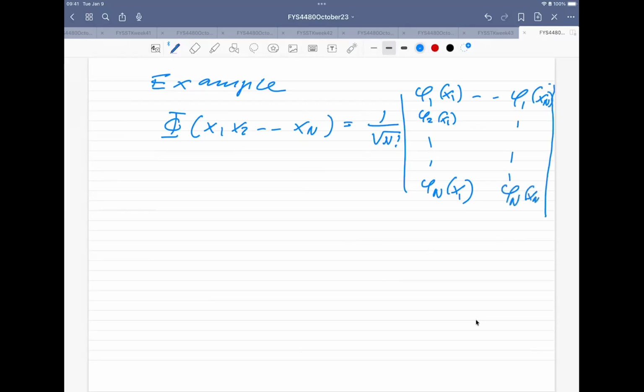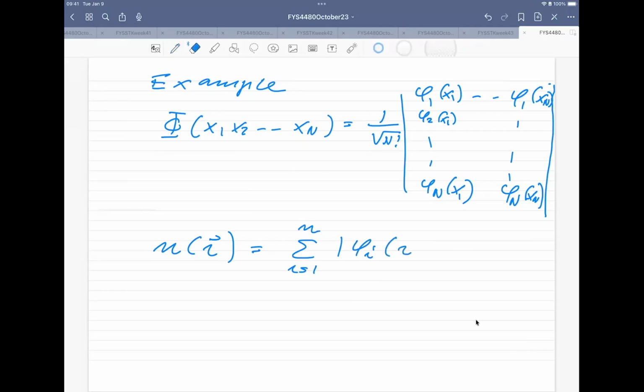Now, one of the exercises we had very early in the semester, and which we also went through last week, is that the single particle density, n of r, can then be written out as a sum over i equal 1 up to n of these states phi i of r.